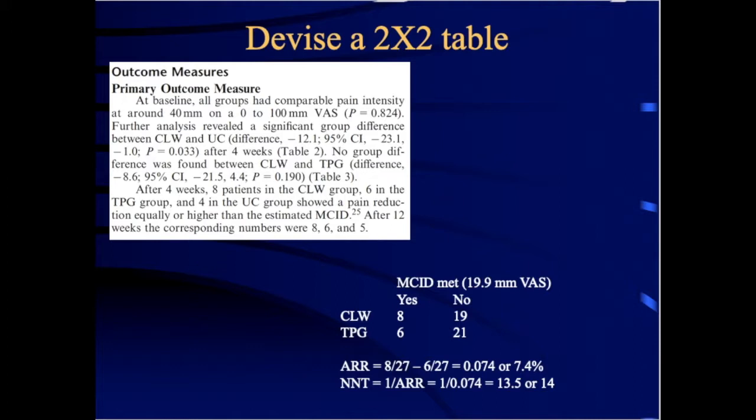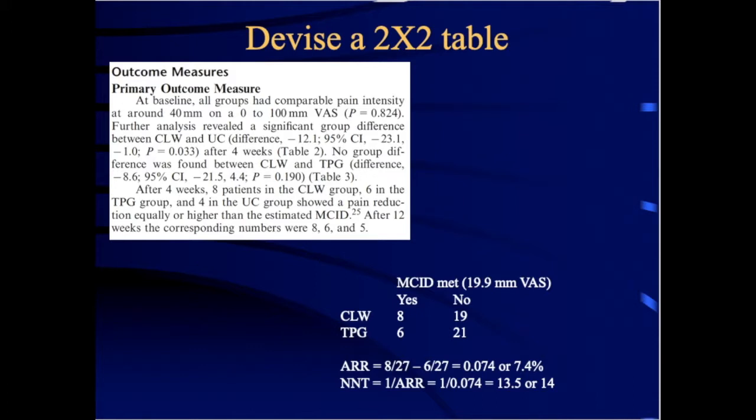But we do notice that in a second paragraph under primary outcome measures, it says after 4 weeks, 8 patients in the CL cabbage group and 6 in the topical group and 4 in the usual care group showed a pain reduction equal or higher than the estimated minimal clinical difference. And then we look that up and we know that that is in the power calculation.